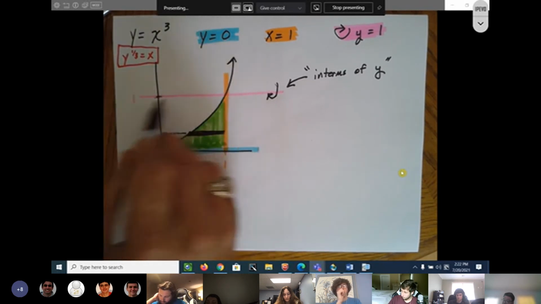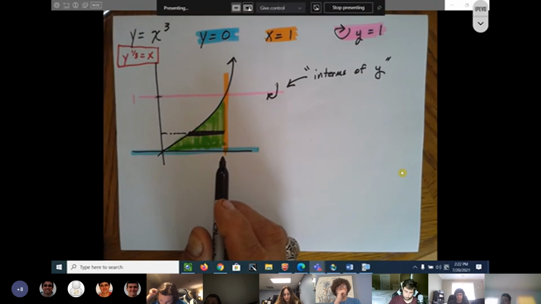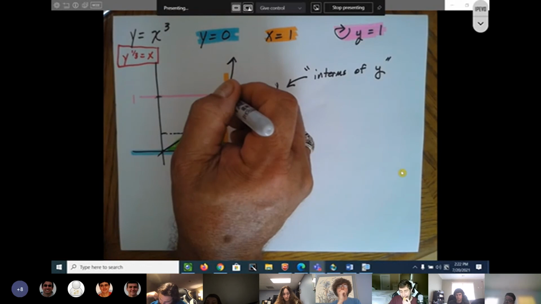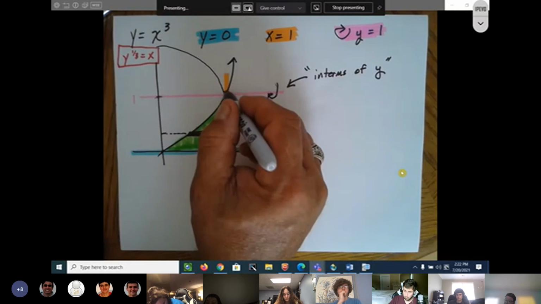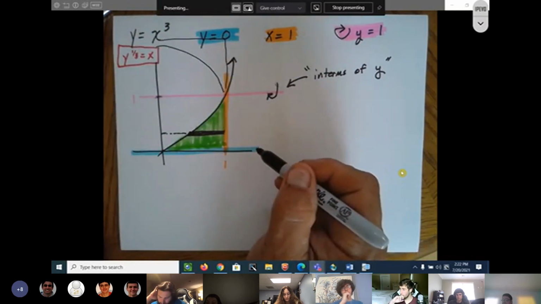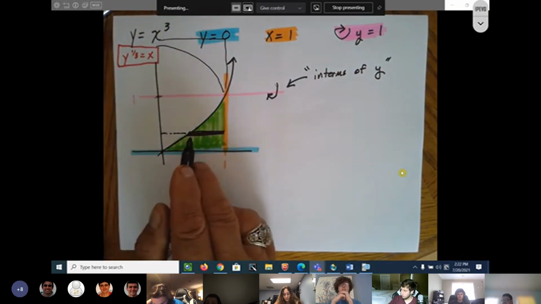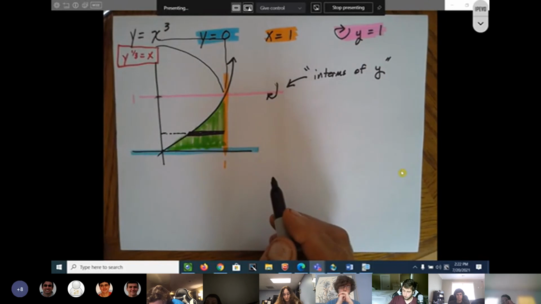I'm thinking out loud, it's going to look like this, and then like this. It's going to have a funky look. It's going to look like a hollowed out cube.